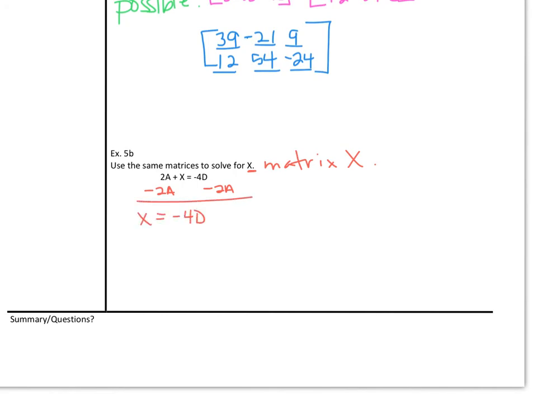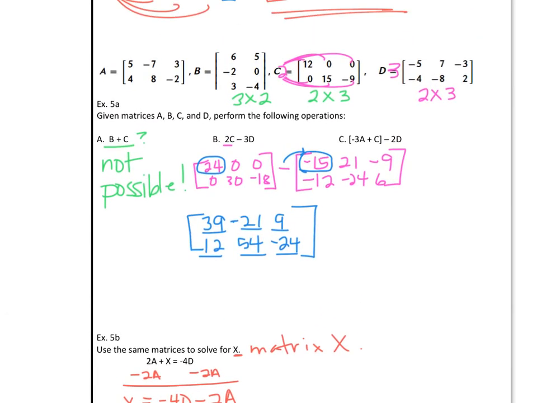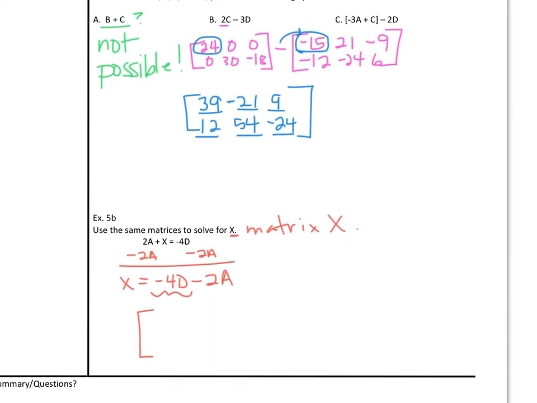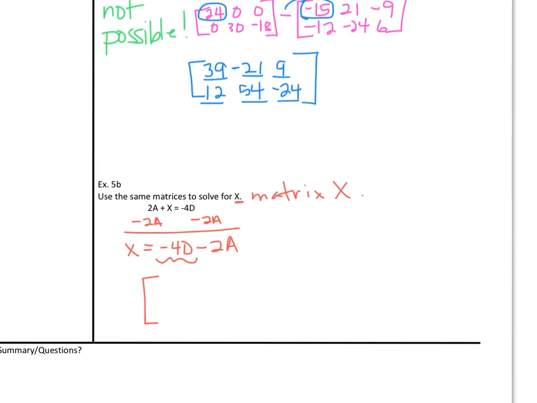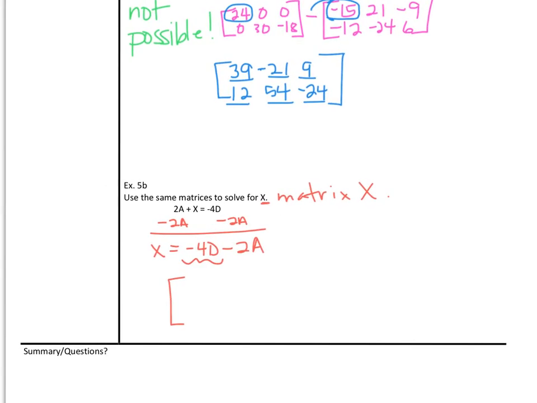Now we just need to simplify this problem. Let's go ahead and take matrix D and we'll multiply it by -4. If we do that part first, looking up above at matrix D, -5, 7, -3, -4, -8, and 2. If we multiply everything by -4, we would get positive, sorry about that. Let's get a pen to go here.